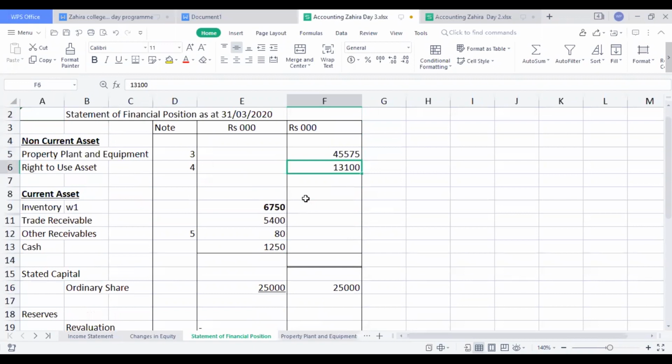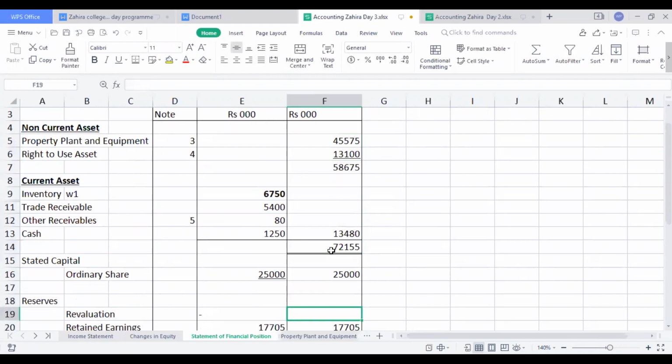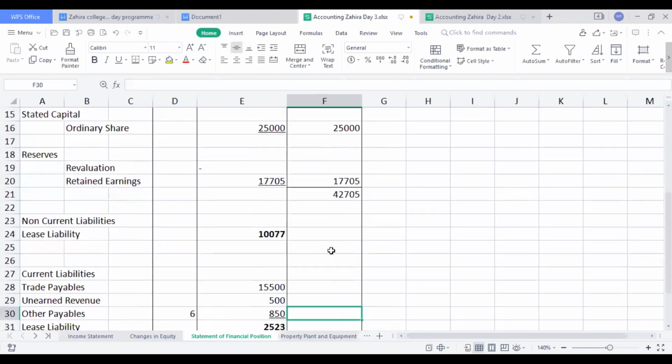I think I'll finalize this part then. Got 45 plus 13,100, 58,675. Got 6,750, 13,480. And you get this value, 72,155.